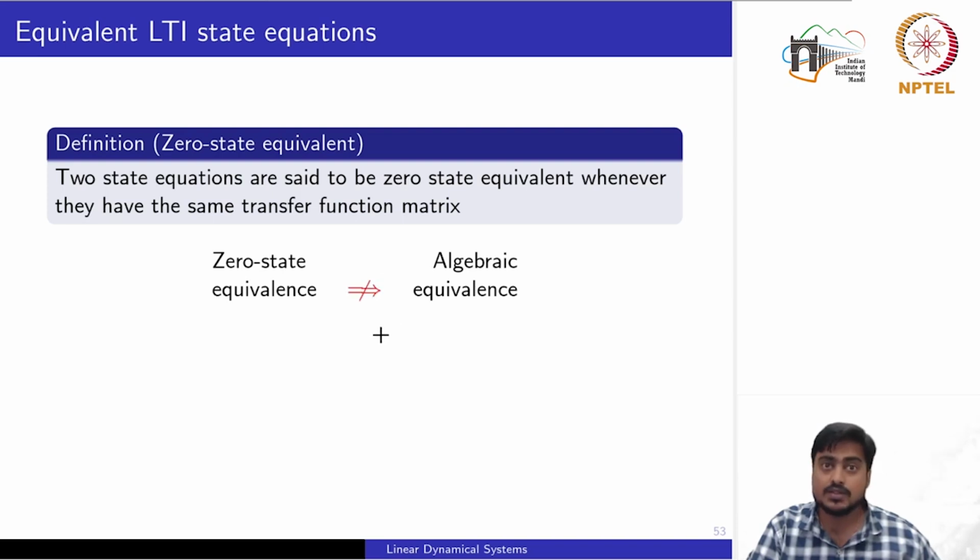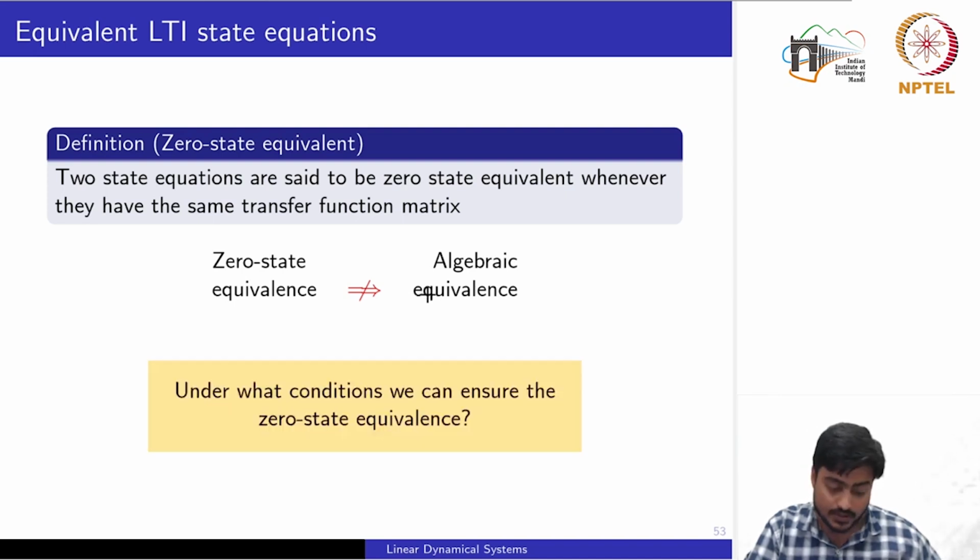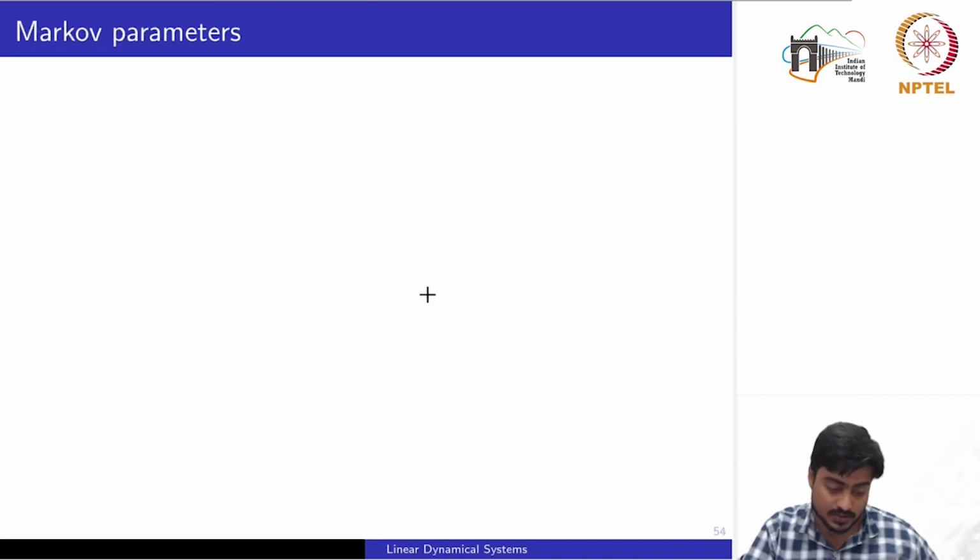But we cannot say that the reverse implication holds, in the sense that zero state equivalence may not imply that the systems are algebraically equivalent. So under what conditions can we ensure zero state equivalence, that the two state space representations have the same transfer functions?